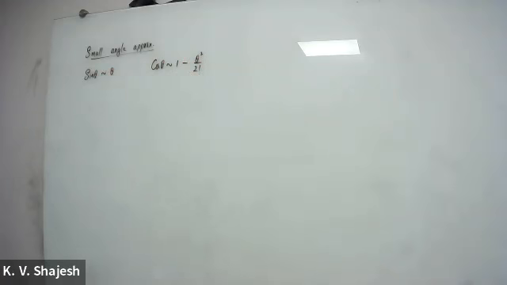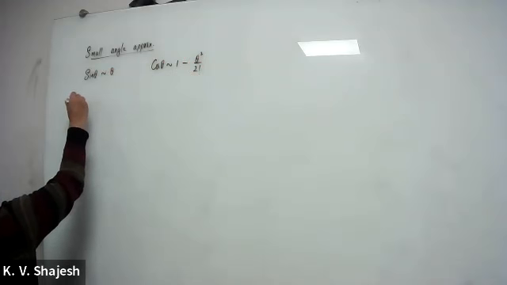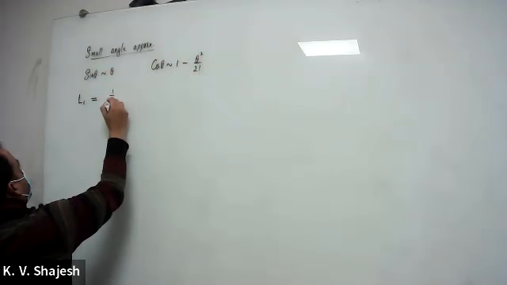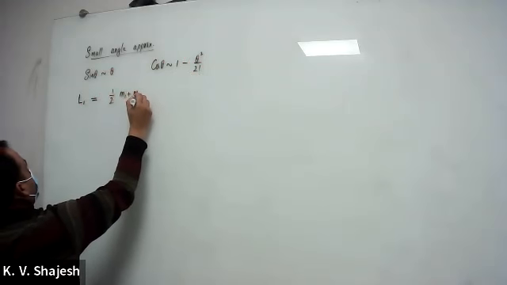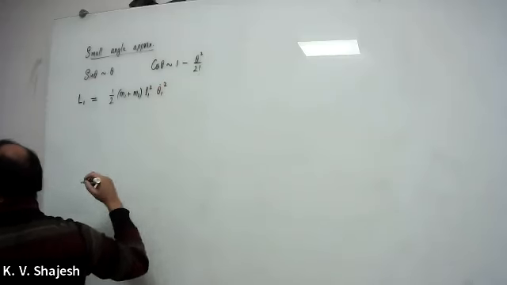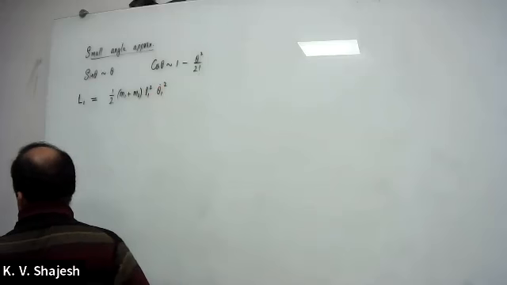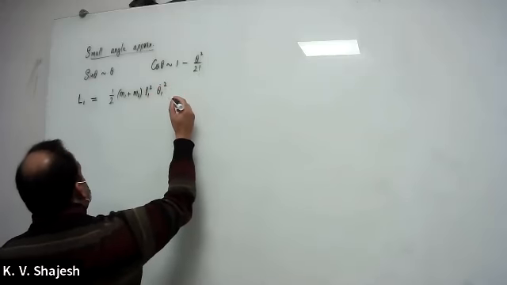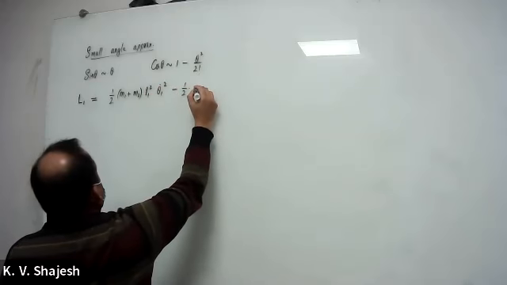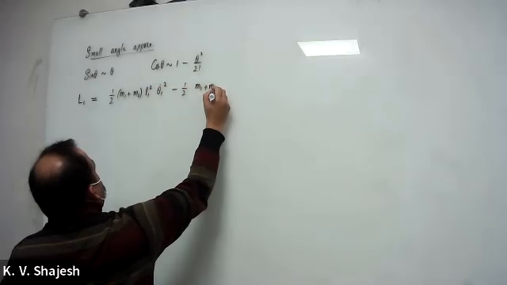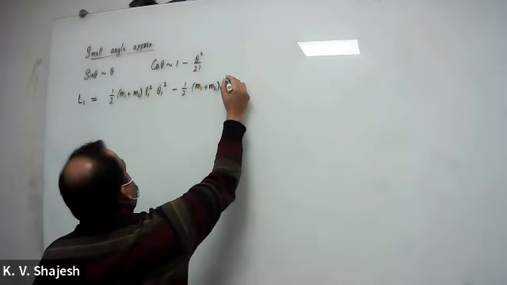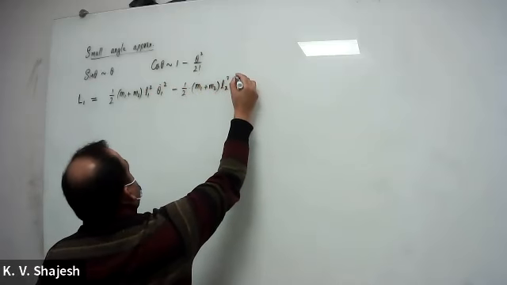So let's do that. So then we have L1 is equal to half M1 plus M2, L1 square, theta 1 dot square, and this one is minus half M1 plus M2 L2 square, theta 2 dot square.